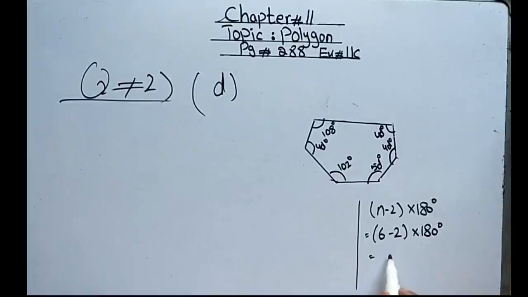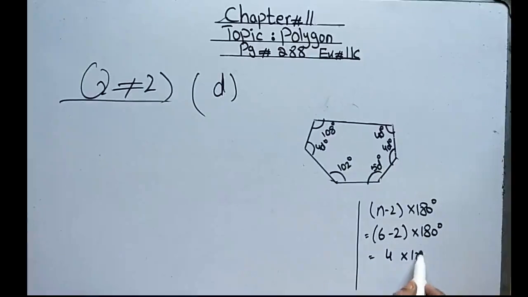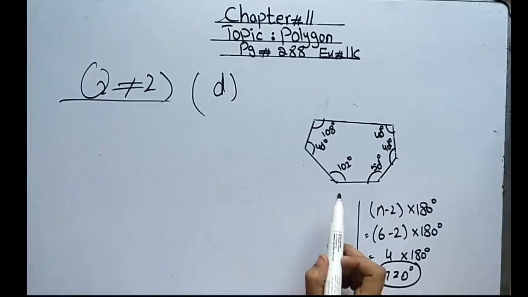So 6 minus 2 is 4, multiplied by 180 degrees. When we multiply 4 with 180, 4 times 0 is 0, 4 eights are 32, carry 3, 4 ones are 4 and 3 is 7, so 720 degrees. It means the sum of interior angles of a hexagon is equal to 720.